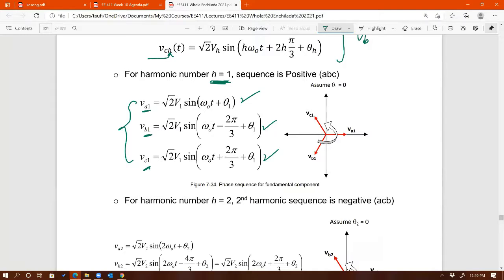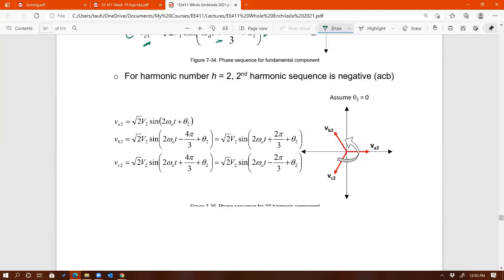It turns out to be a positive sequence again. See that? Minus first and then plus. So B is minus 120 degrees away from A. C is plus 120 degrees away from A. So just like this picture right here. That's positive sequence, isn't it? A first, B next, and C last. Any question on that one?